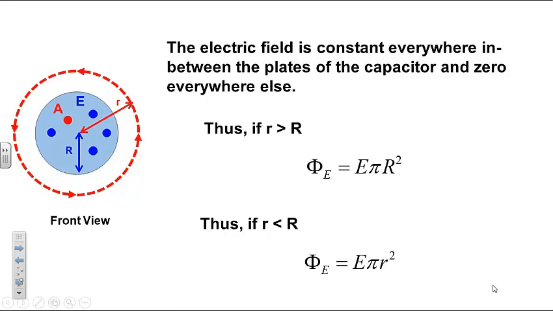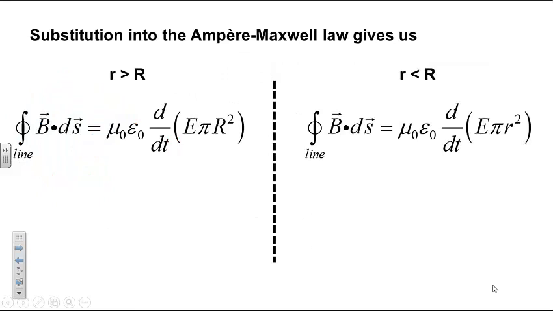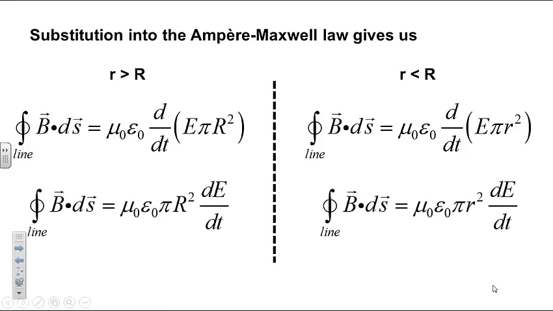The substitution of these results into the Ampere-Maxwell law gives us the following equations, which we can further simplify since only the electric field depends upon time. Now let's calculate the other term in the Ampere-Maxwell law.